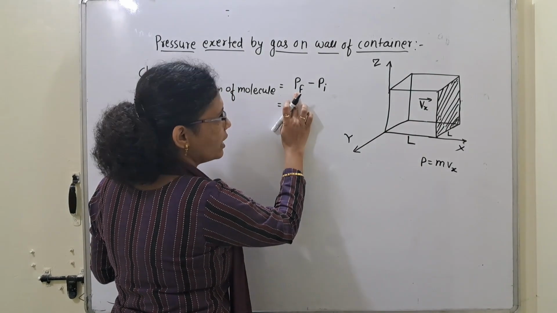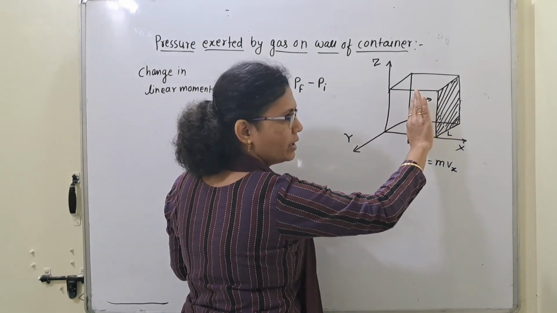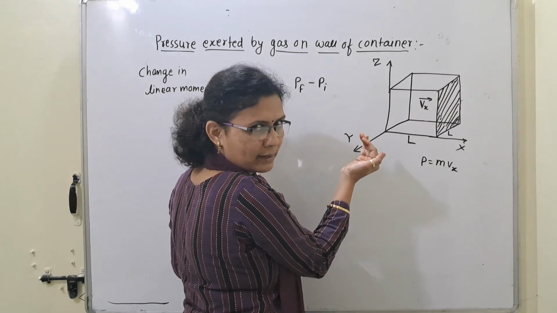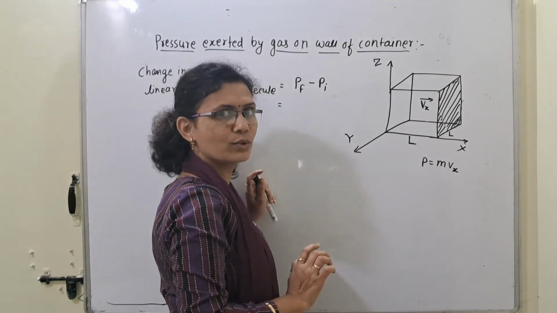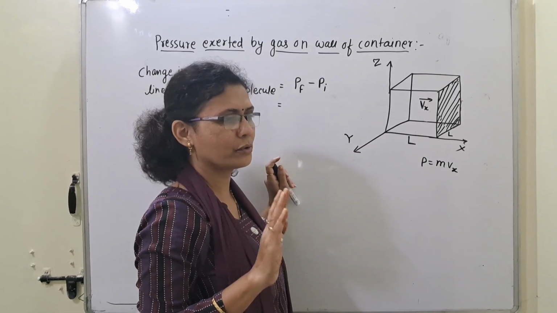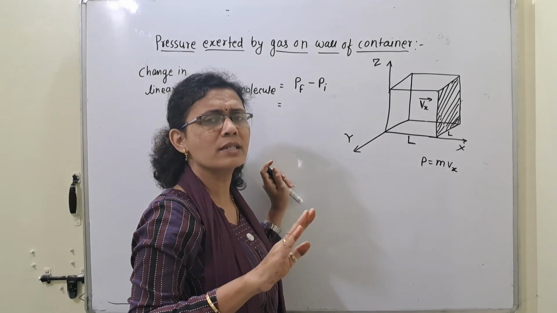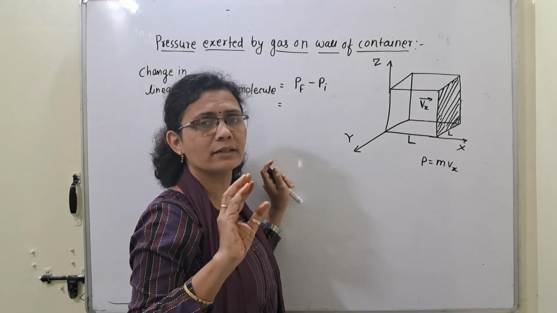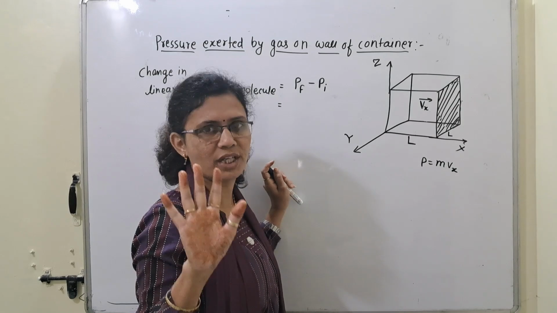See, this is final momentum. What is the final momentum? This molecule collides with the wall and gets bounced back, and at that time its direction is going to change. Here we are not going to consider the y and z components because their direction is not going to be changed.